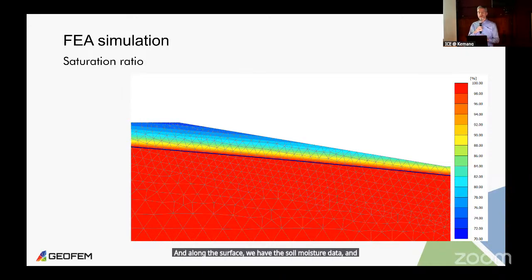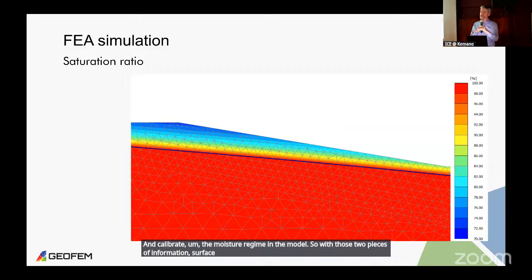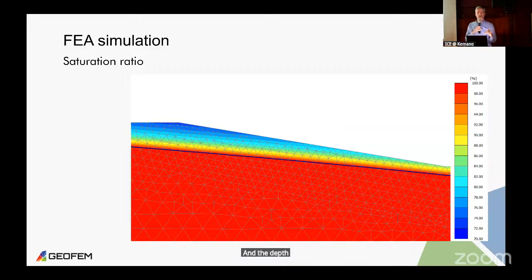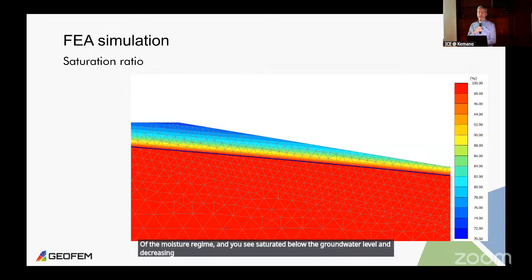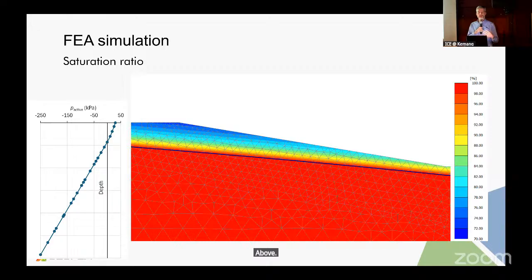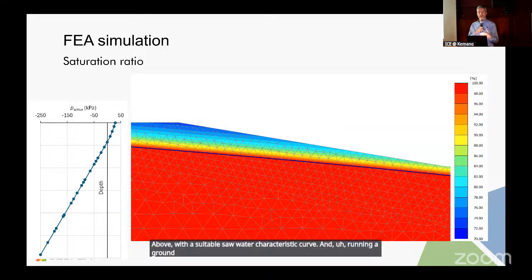With the characteristics of the soil, we can relate that to saturation ratio and calibrate the moisture regime in the model. With those two pieces of information, surface soil moisture content and the depth to the groundwater level, we can create a model of the moisture regime. You see saturated below the groundwater level and decreasing saturation above. With a suitable soil water characteristic curve and running a groundwater flow analysis, we can develop this pore pressure profile.